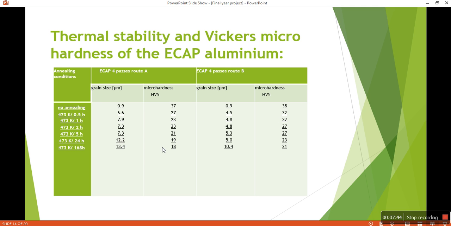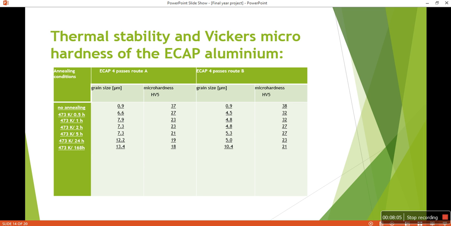Both show the same situation. After 168 hours, grain size increases and hardness decreases. After 8 passes, grain size increases and hardness decreases.